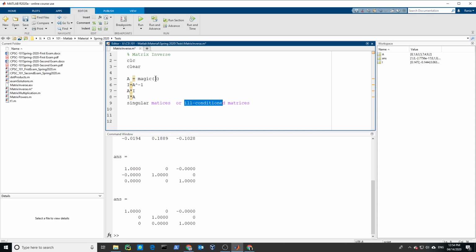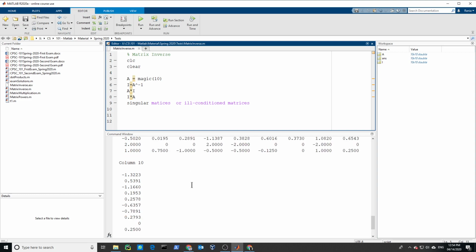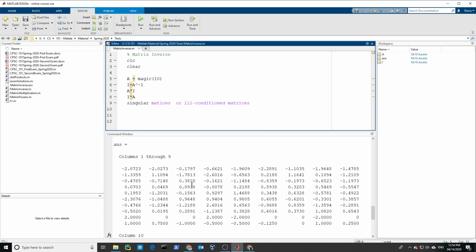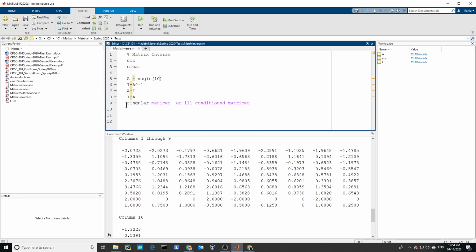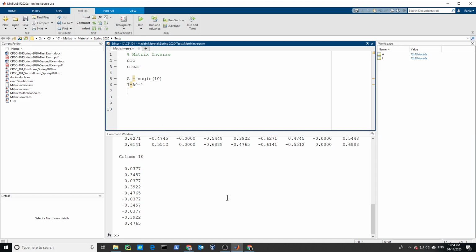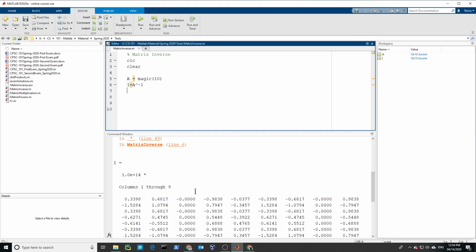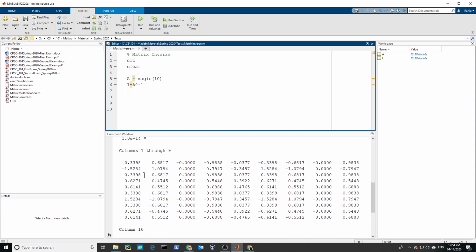Even if we make it 10, which is a large matrix, we could always calculate it. Let me remove these two, just to show it to you. So this is a large matrix, 10 by 10, and it will automatically calculate the inverse for that matrix.